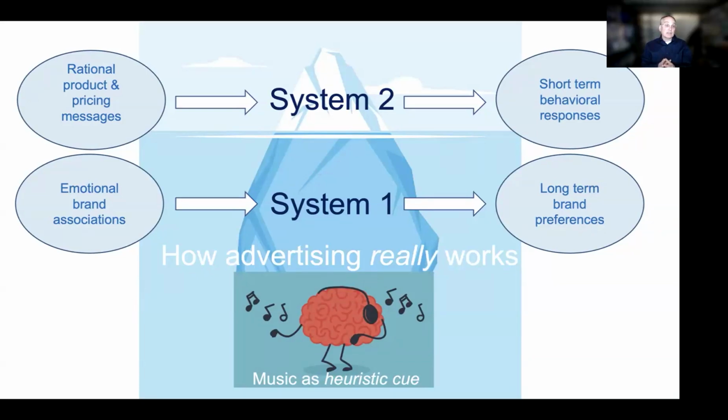So System 1 is engaged with emotional brand associations and leads to long-term brand preferences, so shapes our behavior in the future. And there's a host of cues and biases and heuristics that shape our behavior in System 1. And one of the most important and effective cues to shape our behavior can be music, as many empirical studies have demonstrated.